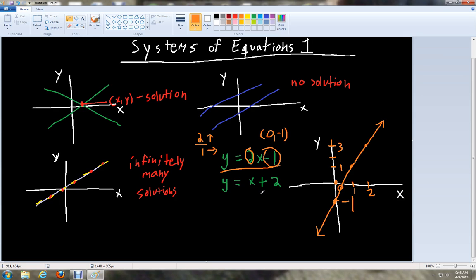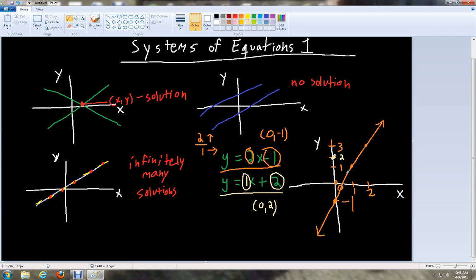Now, for our next graph, we have y equals x plus 2. We see that the y-intercept is b equals 2, so we have the point (0, 2), up 2 from 0. For x, the slope is 1. Whenever you don't see a number in front and it's positive, it's 1.